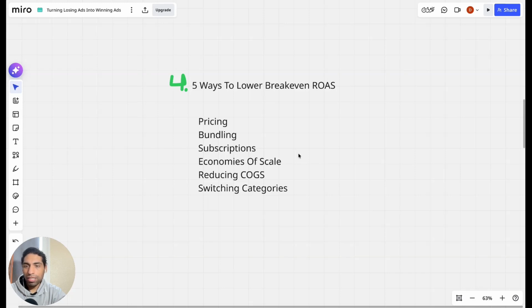Number 4 is economies of scale. What I mean is that you probably have a lot of SKUs out there. You want to reduce the SKUs and order more of the same color, same flavor, same whatever, so that you can spend less per unit. For example, if you're in apparel, you sell 5 different colors of a t-shirt. Maybe you decide that 2 of them sell really well, so I'm only going to sell these 2 colors.